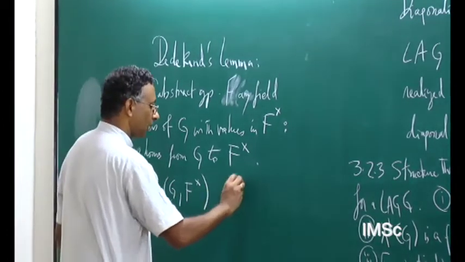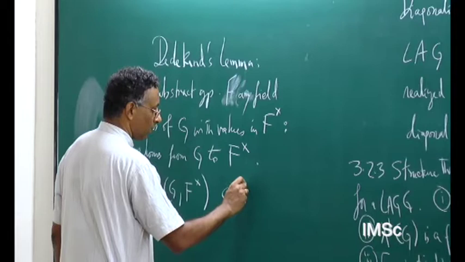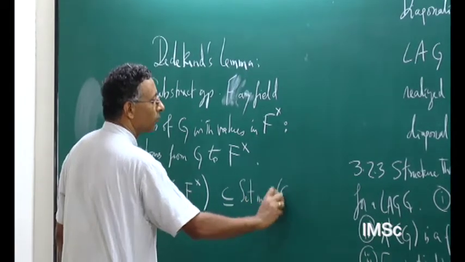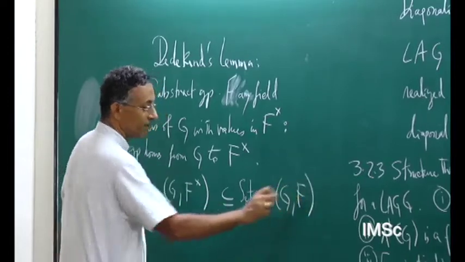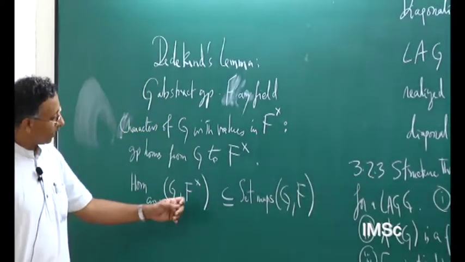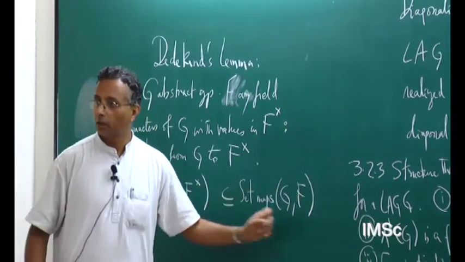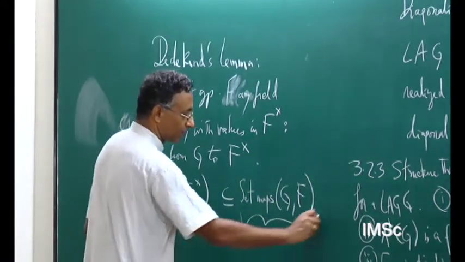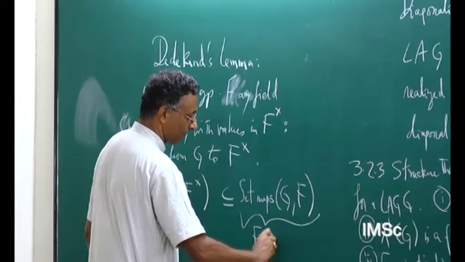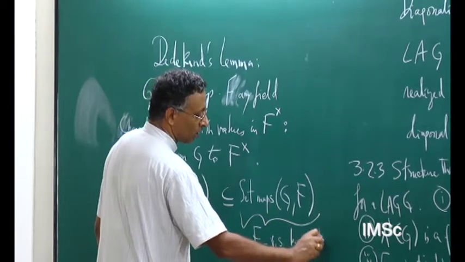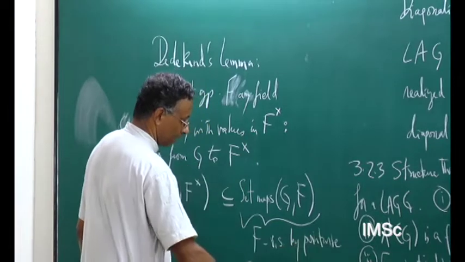You can think of this as sitting inside the set of maps from G to F, just by composing with the inclusion from F star to F. Now this is an F vector space by pointwise addition and scalar multiplication.